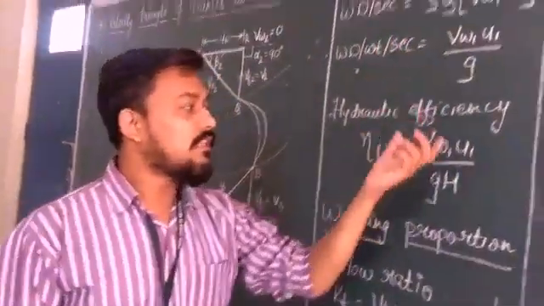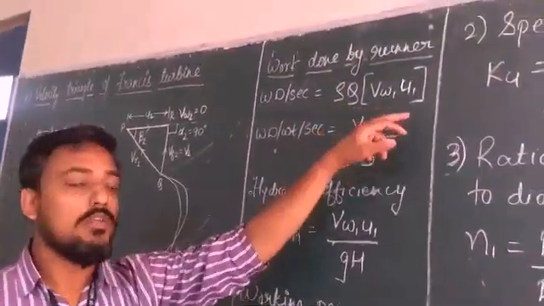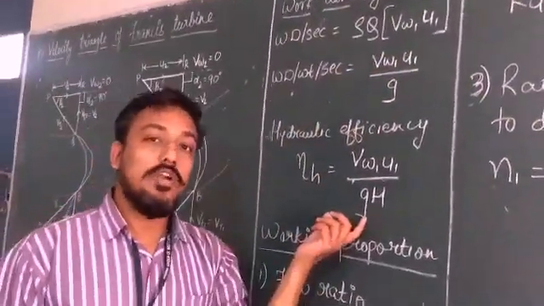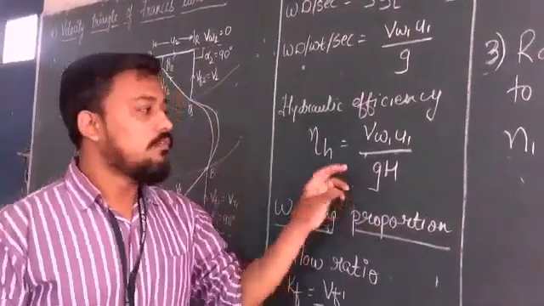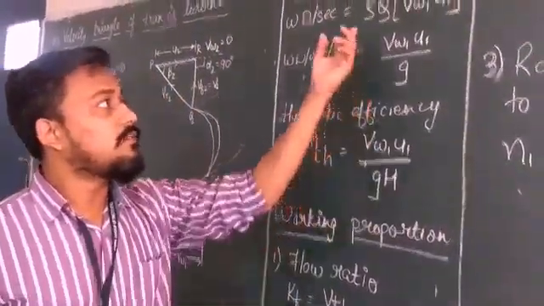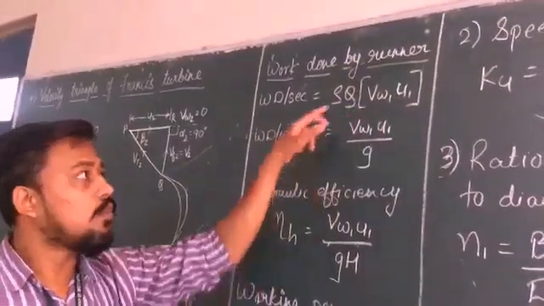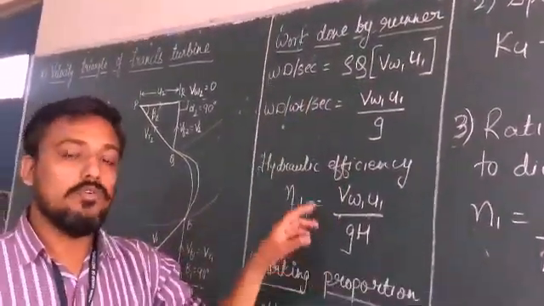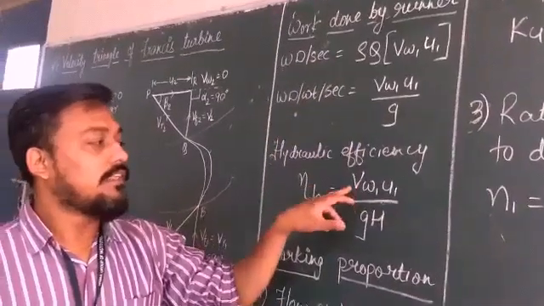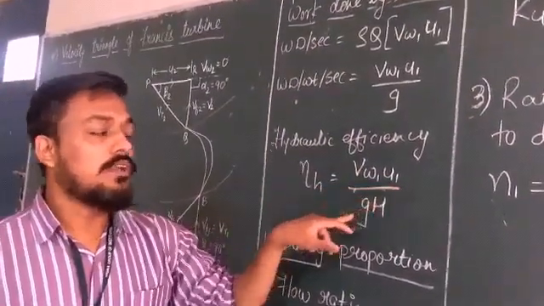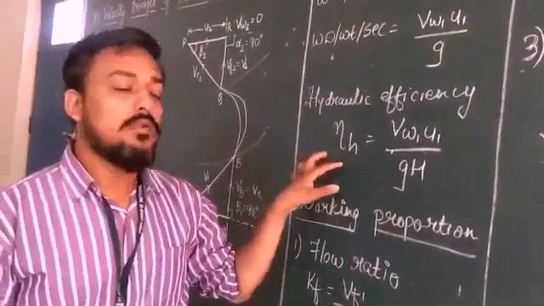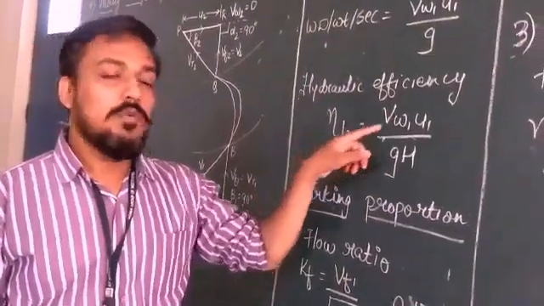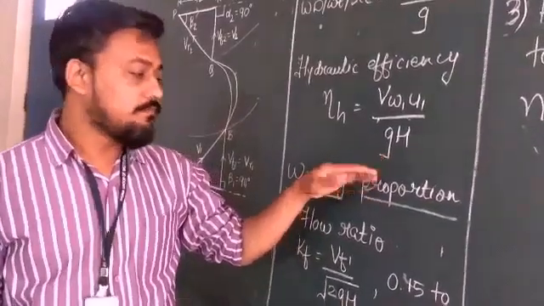The work done by the runner is rho q VW1 U1, and the water power is rho q g H. Here rho q and rho q will get cancelled, and the remaining term will be VW1 U1 upon gH. So this relation is used for finding the hydraulic efficiency, that is VW1 U1 upon gH.